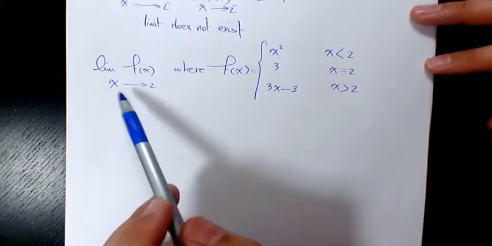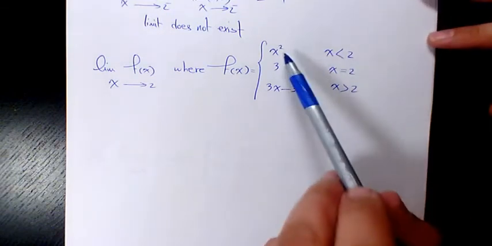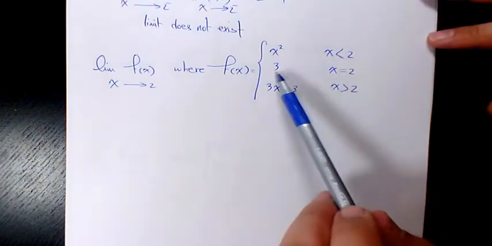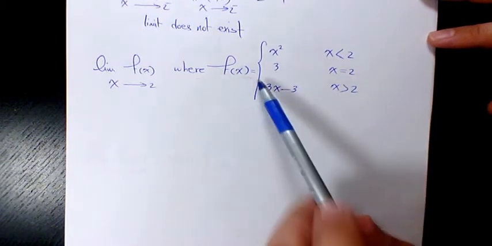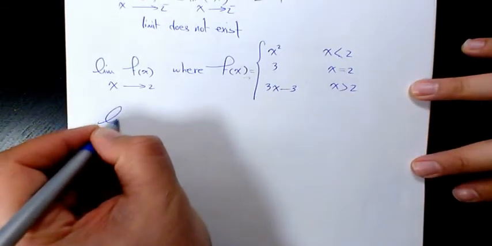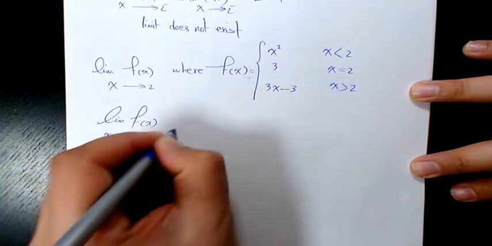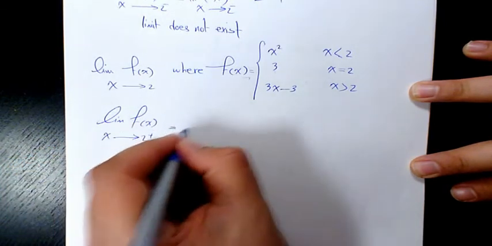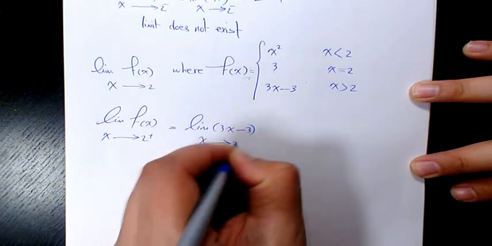Next one, limit of f of x when x is approaching 2, where f of x is x squared for x values less than 2, 3 when x is equal to 2, and for x values greater than 2 it is 3x minus 3. So limit of f of x when x is approaching 2 plus is limit of 3x minus 3 when x is approaching 2 plus.